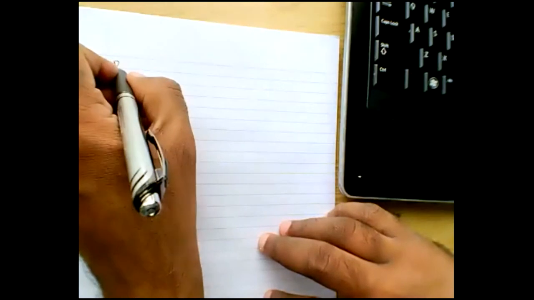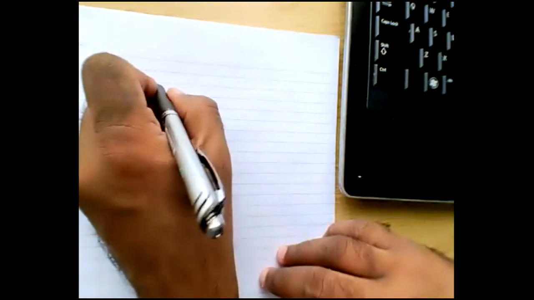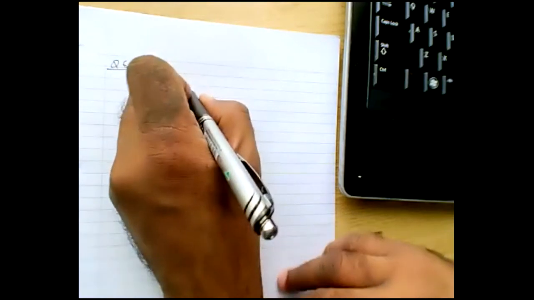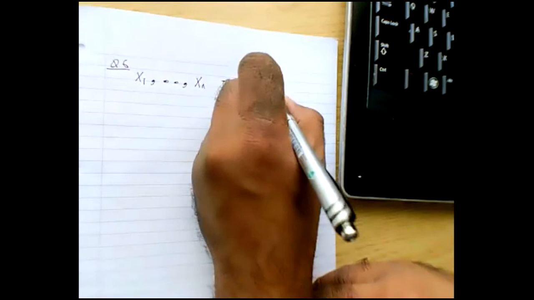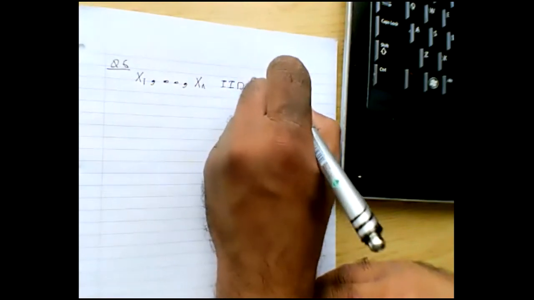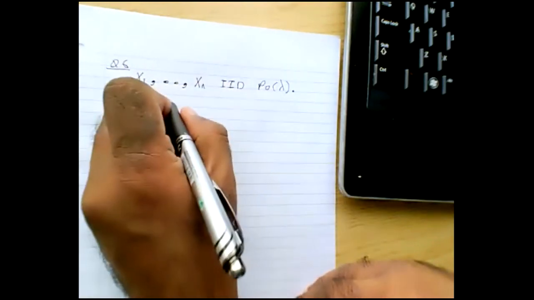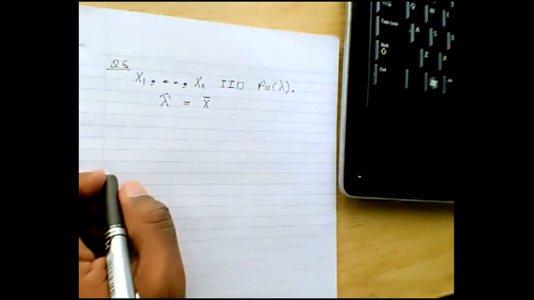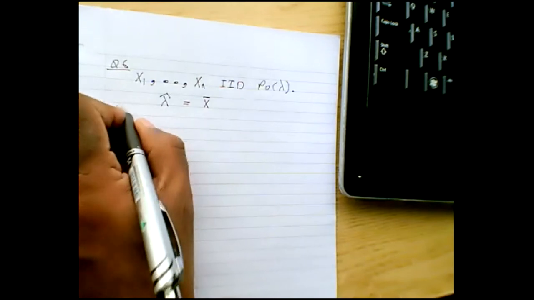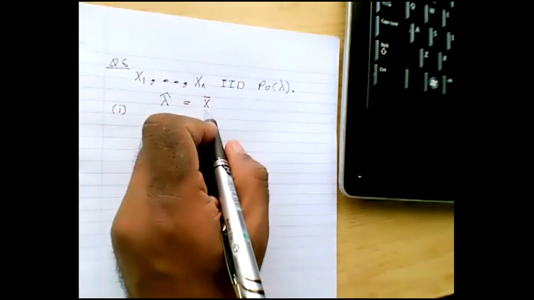You have a random sample x1 to xn, which are IID from a Poisson distribution with parameter lambda. And you have the estimator lambda hat, which is x bar, the sample mean. The first part of the question is asking you to find the mean and the variance of this.